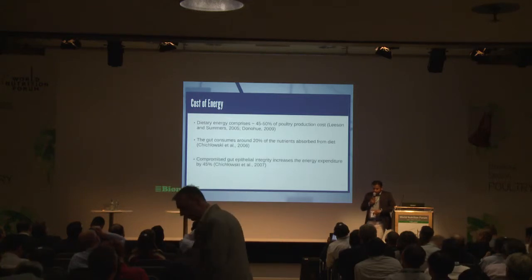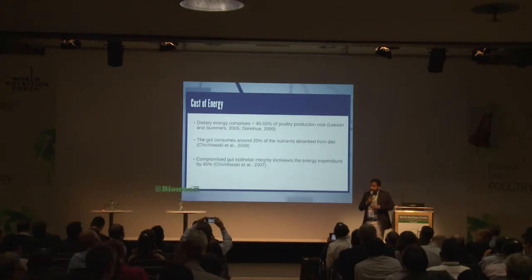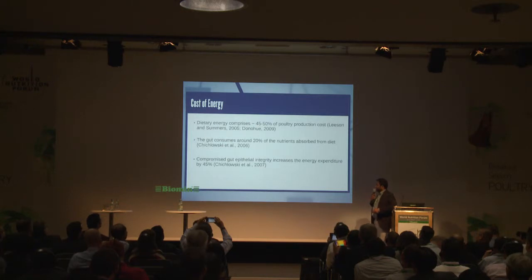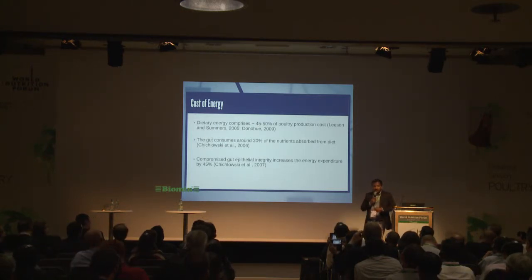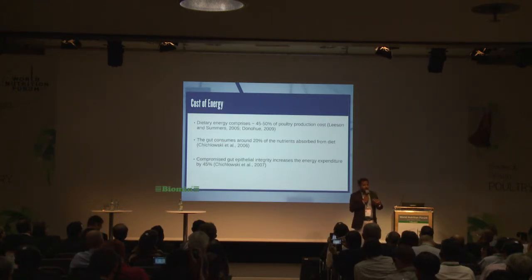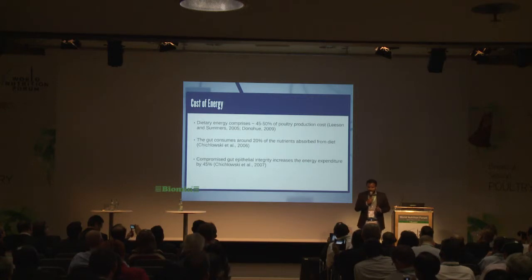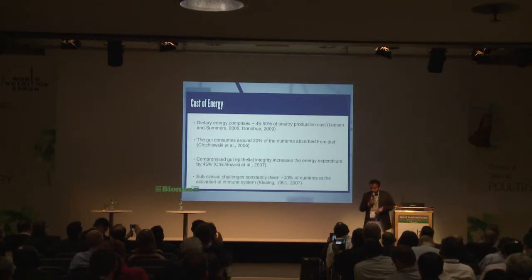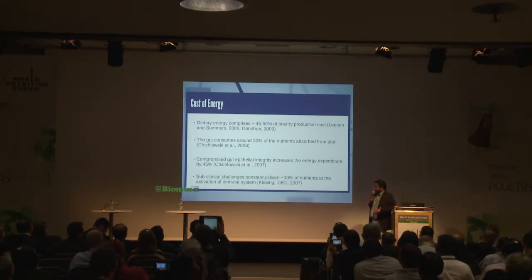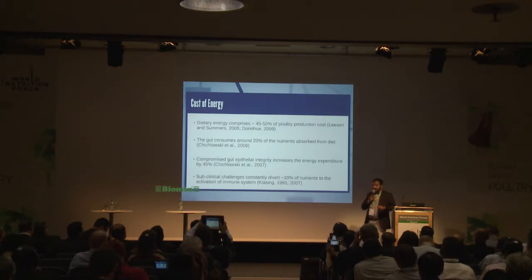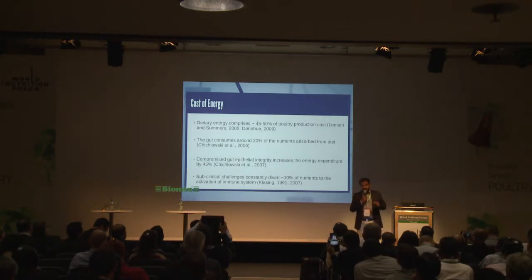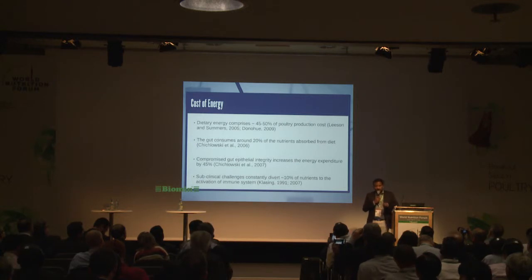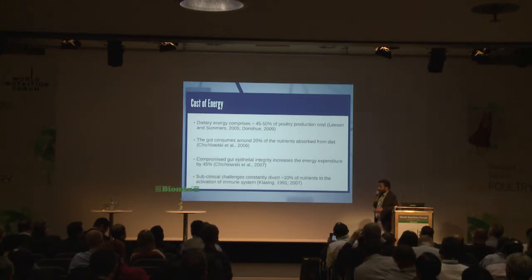In a challenged gut, which has compromised epithelial integrity, the energy expenditure increases to 45%, which is almost half of the nutrients absorbed from the diet going to the maintenance or repair of the gut epithelium. And these subclinical challenges constantly divert, on an ongoing basis, about 10 to 12% of dietary nutrients towards the activation of the immune system.